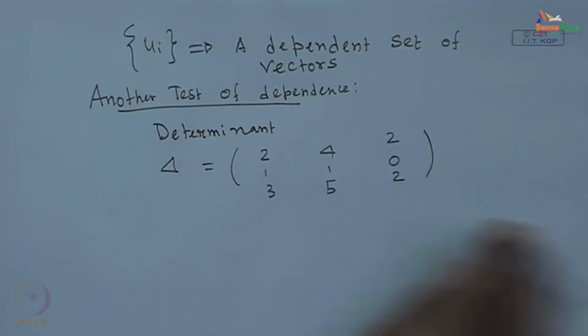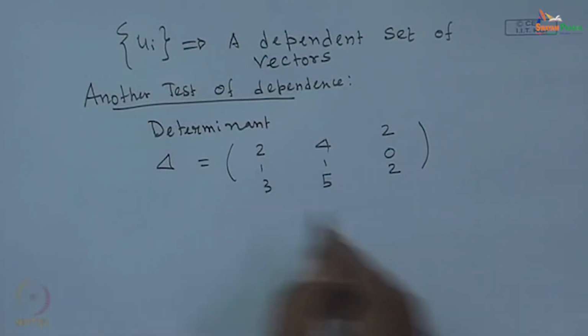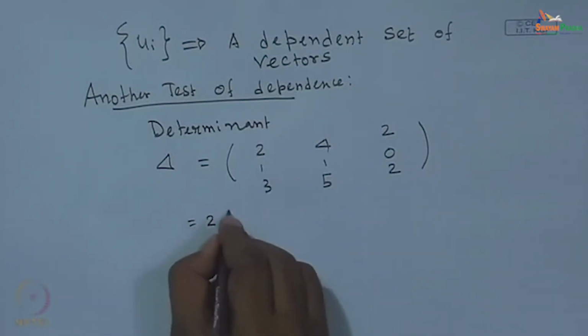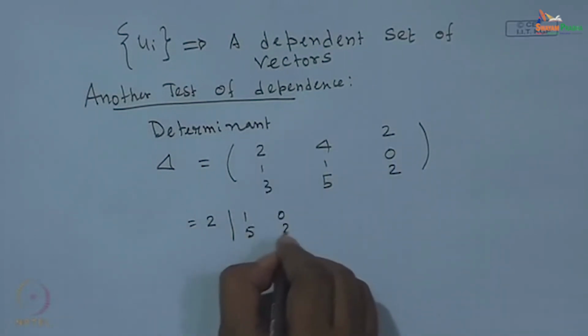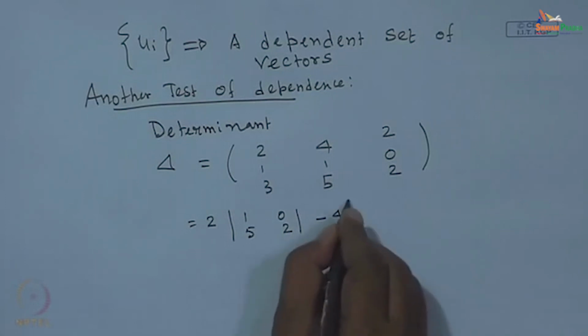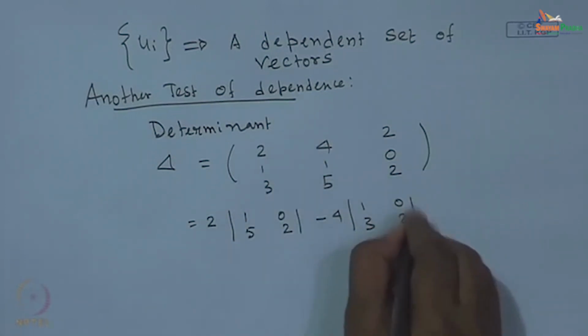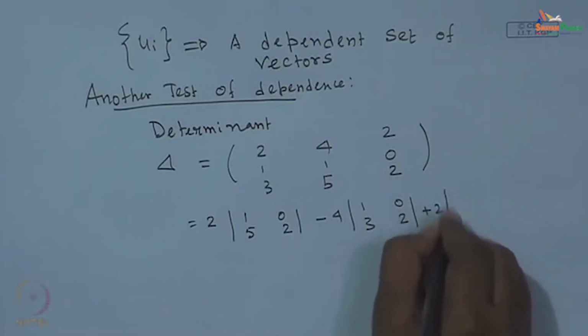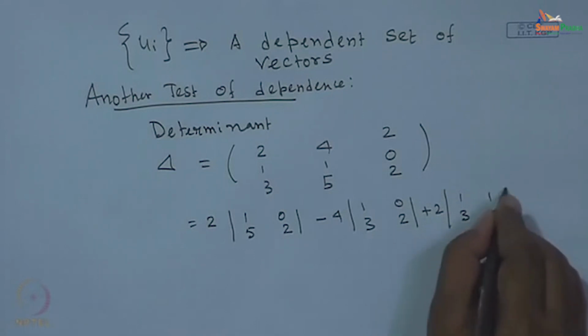Now, to find the value of this determinant, just expand it. It is 2 times the determinant 1, 5, 0, 2, minus 4 times the determinant 1, 3, 0, 2, plus 2 times the determinant 1, 3, 1, 5.